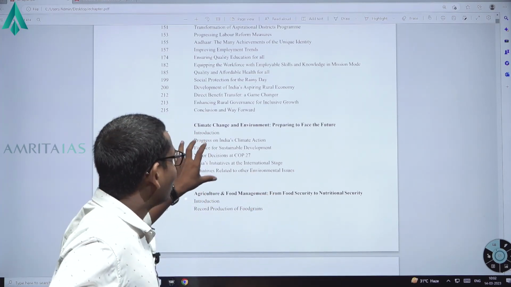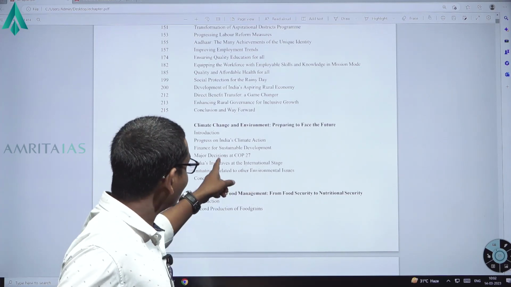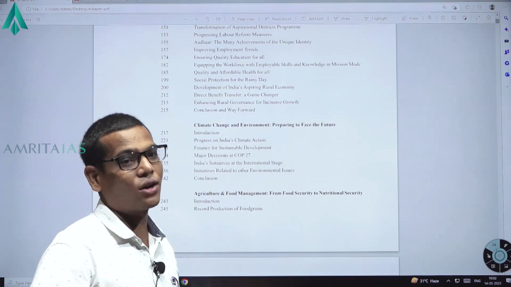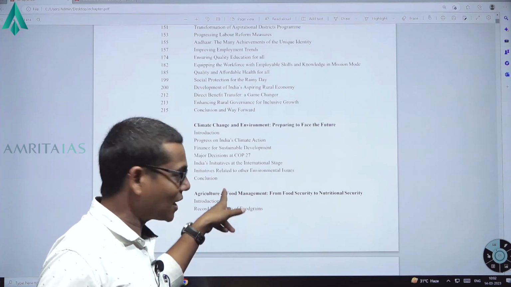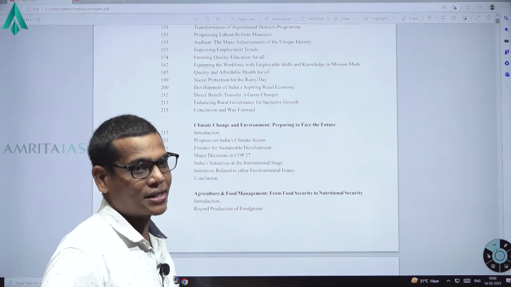Those things are mentioned here, and this will also be useful for your environment and ecology. Apart from economy, it is also useful for environment and ecology.